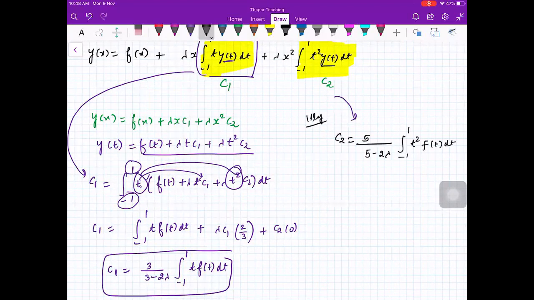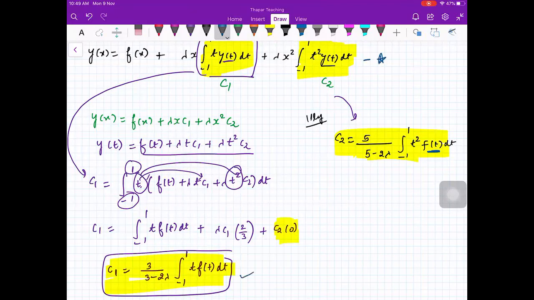You see what is happening here: you are not getting a system of equations, because the integration of the term which includes C2 is 0. Indeed, you are getting C1 and C2 separately. But you can get a system of equations also. The only thing is, because f of t is not given, you are getting C1 and C2 in terms of f of t. Is that clear?